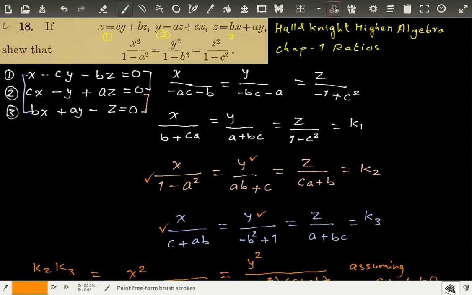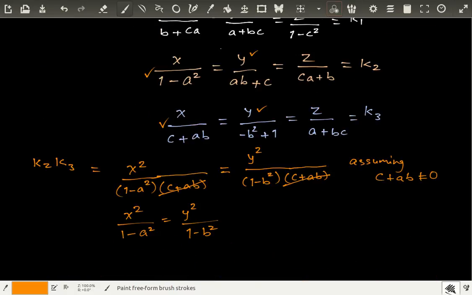Similarly, if we can prove that x square over 1 minus a square is equal to z square over 1 minus c square, then our job will be finished. So how can we prove that? Now we see that z over 1 minus c square is already there in k1.